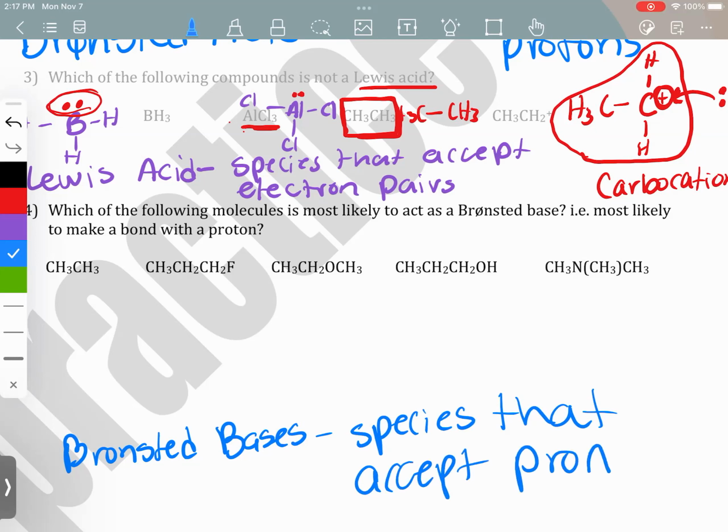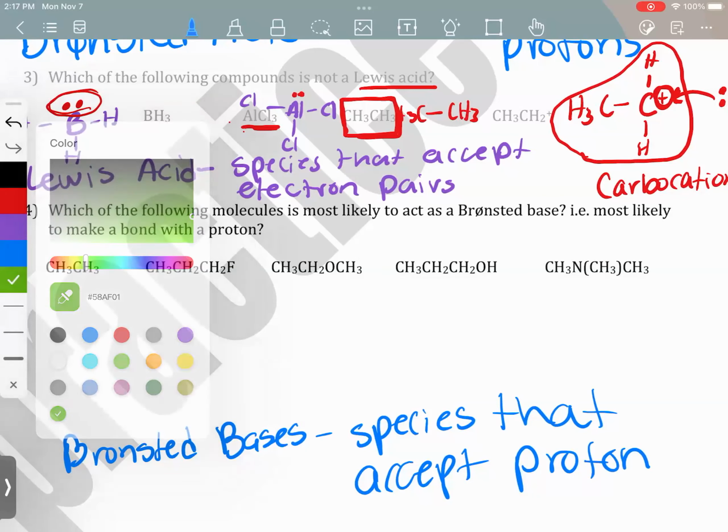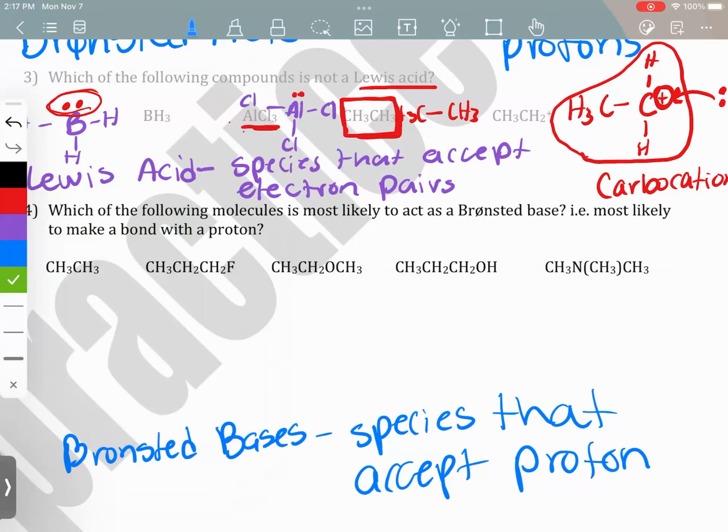Yep. So in order for them to accept the protons, what do they have to have on that species? I have no clue, actually. So you need lone pairs. Remember, in order for a base to accept the protons, it has to have electron pairs to donate to the proton, because it snatches it off.